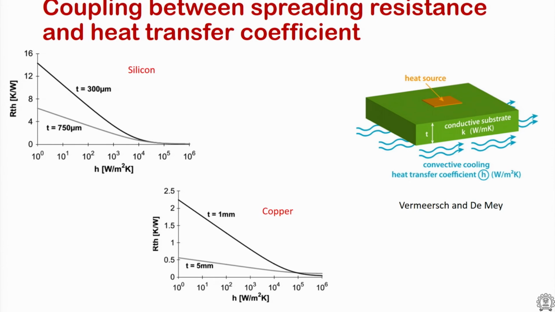And when you have fan mounted air cooled systems, you get up to 100 plus watts per meter square Kelvin. So when you move all the way from 1 watt per meter square Kelvin to 100 watts, you see the change in thermal resistance is only about half.